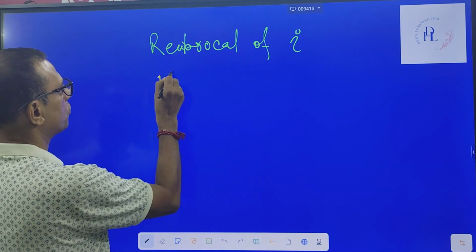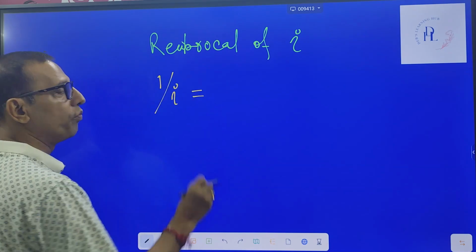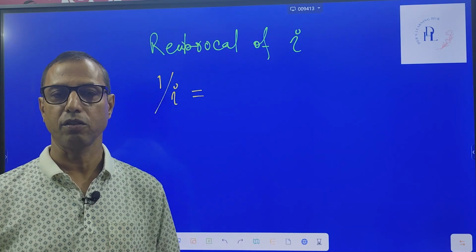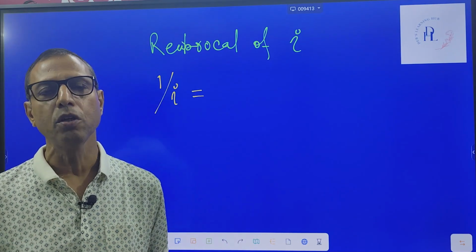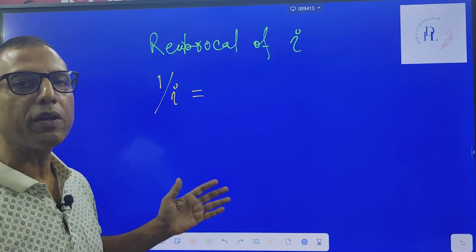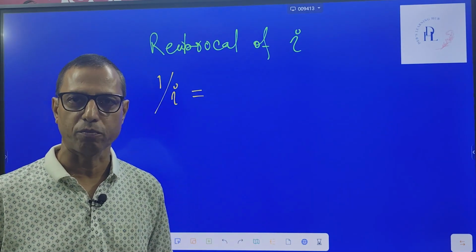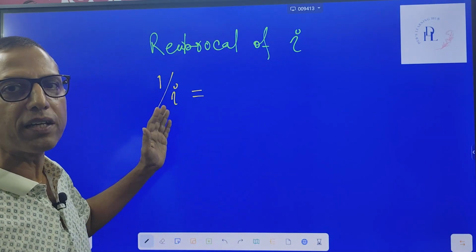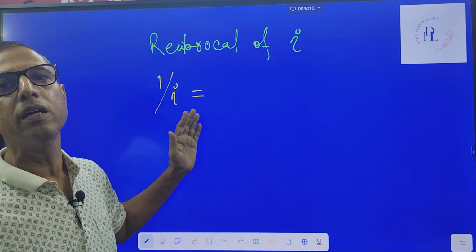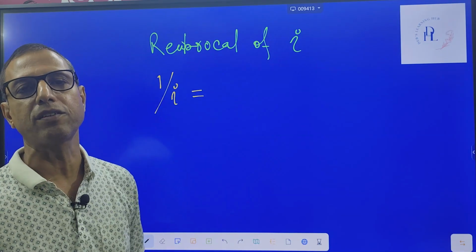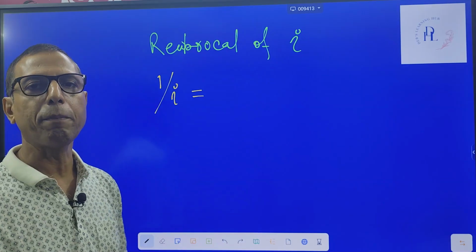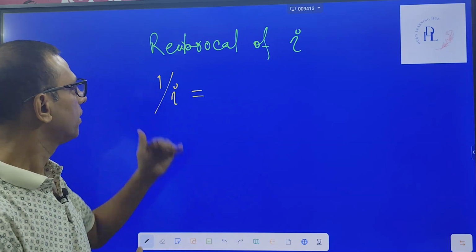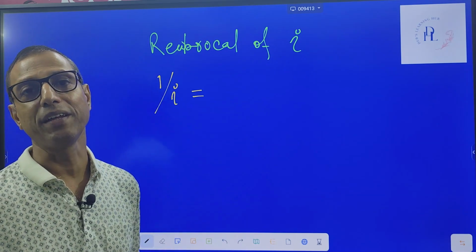Now, what is the reciprocal of i? Reciprocal of i means it is 1 by i. Whenever you have an imaginary part in the denominator, you need to get rid of it by multiplying with a factor in such a way that the denominator becomes a real number.